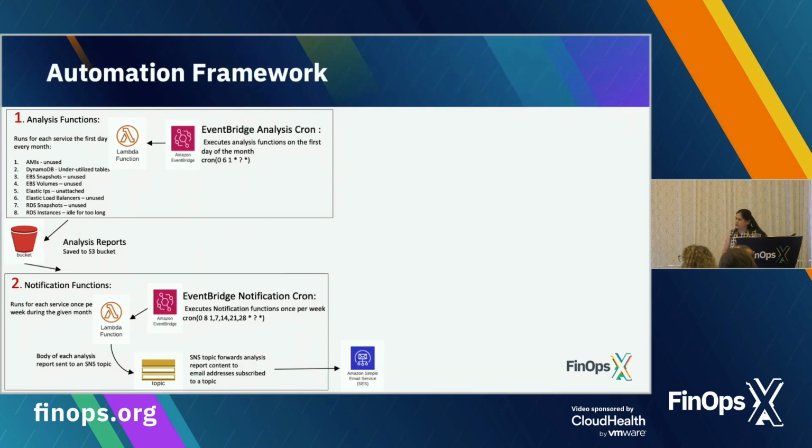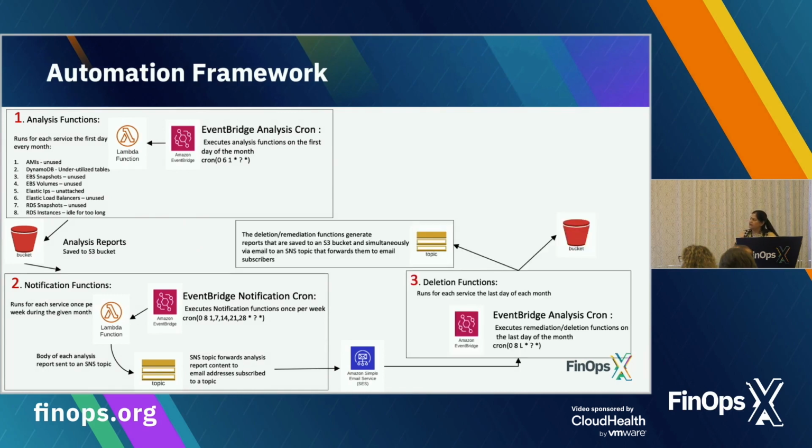Then in the subsequent weeks, every week, the email is sent out to the same alias. And on the last day of the month, the delete program runs, and it deletes all those violating resources except the ones tagged with the special tag.